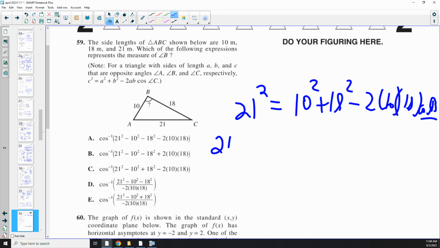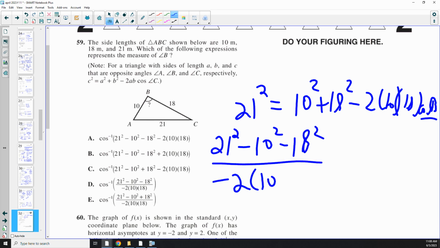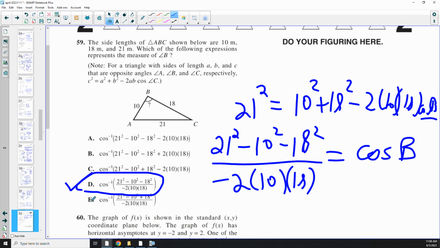So you have to go 21 squared minus the 2 other squares, and then divide by negative the product. That would give you the cosine of B. So there it is. One of my students got it right by saying, hey, he told us to look at the minuses.